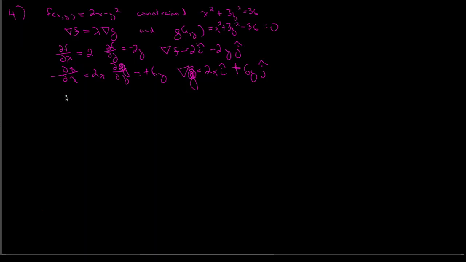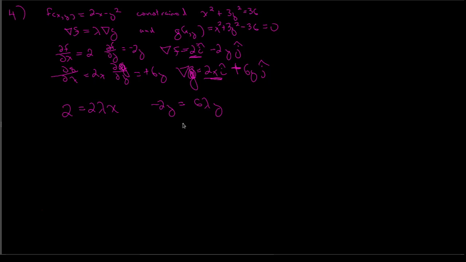So if I set these equal, then the x components have to equal the x components with this Lagrange multiplier. So 2 is equal to 2 lambda x, and negative 2y is equal to 6 lambda y. And a couple things to note.